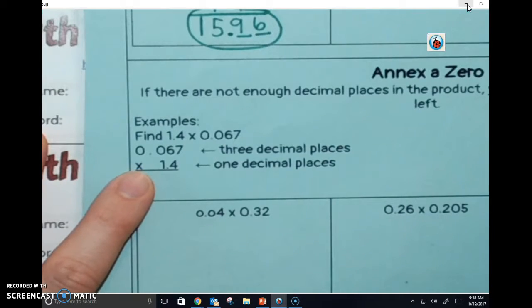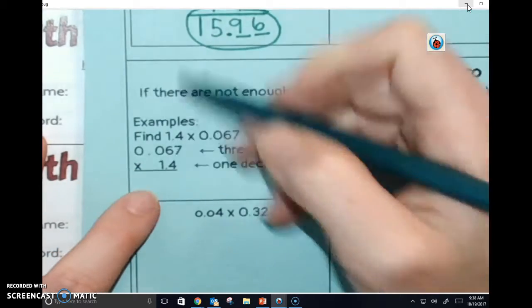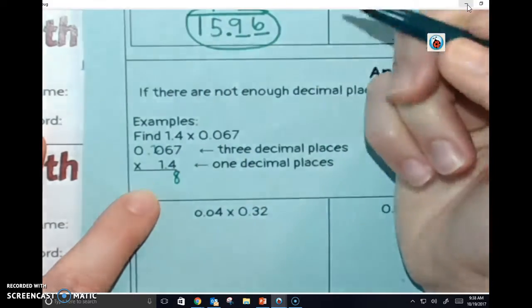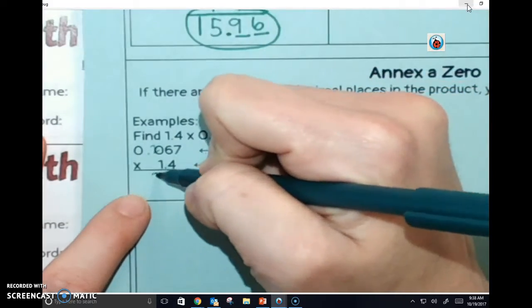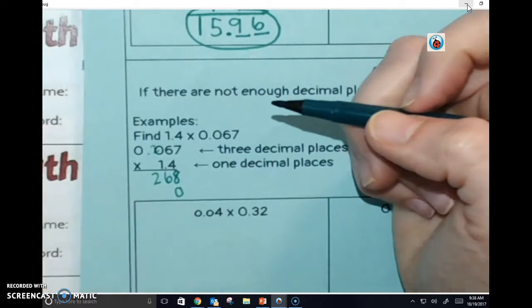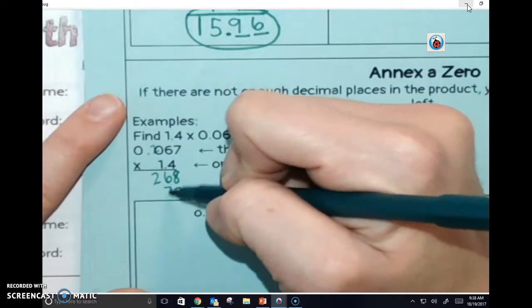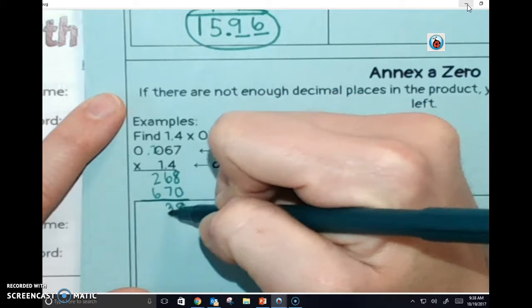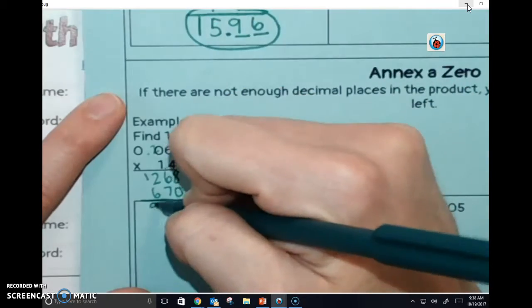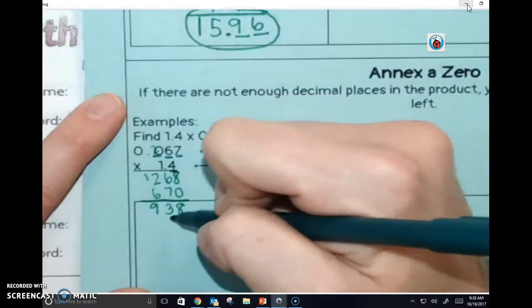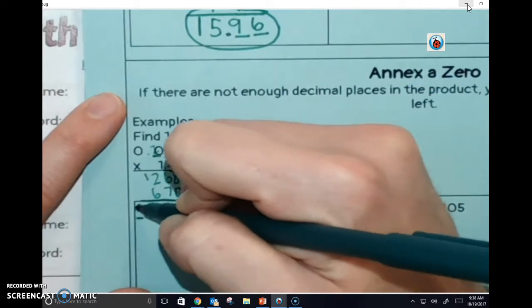So, we're going to be multiplying. 7 times 4 is 28. 6 times 4 is, plus 2 is, annex is 0, not annex is 0, it's your place value. Then we get 7 and 6. So 8, 13, 9. And there's 1, 2, 3, 4. So 1, 2, 3, 4.